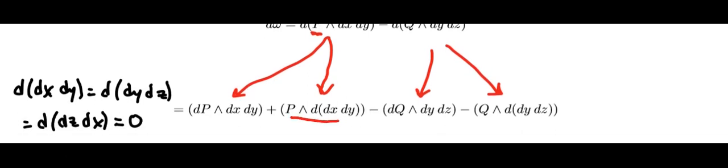Now, looking at these terms right here that are underlined, we saw that d of dx, d of dy, and d of dz are all equal to 0. You could check pretty straightforwardly that d of any one of our basic 2 forms is also equal to 0: d of dx dy, d of dy dz, and d of dz dx are all equal to 0.